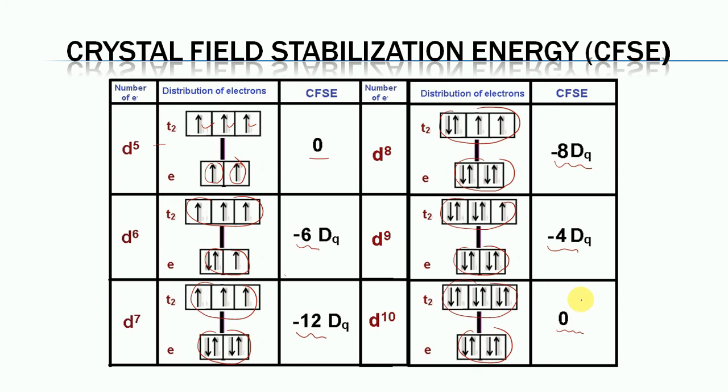In the case of the tetrahedral field, the magnitude of the crystal field splitting energy, delta T, is quite small and is always less than the pairing energy P. Therefore, in the case of tetrahedral complexes, only high spin complexes are formed.